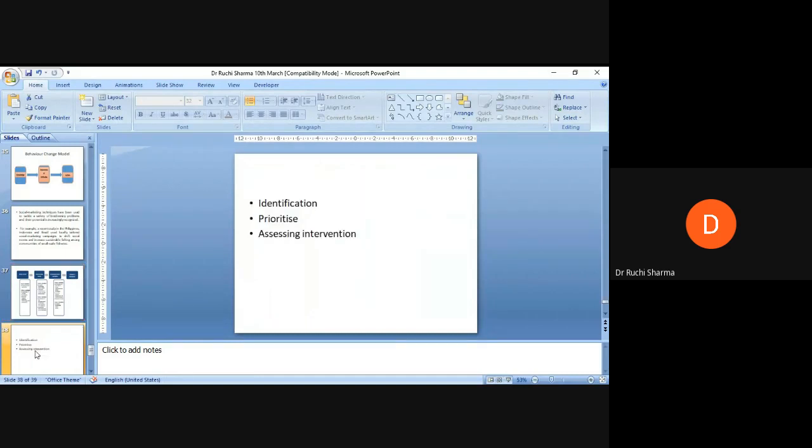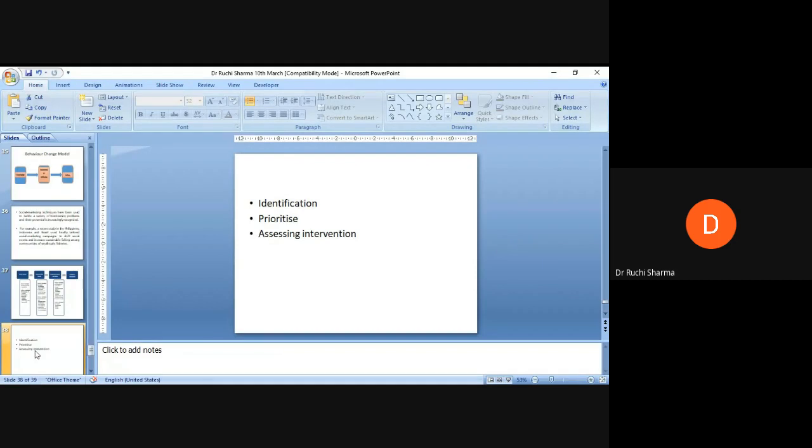So we need to identify what ill effects are being caused because of our behavior. Then we need to prioritize which behavior we will get away with, and then assess how to modify our behavior.